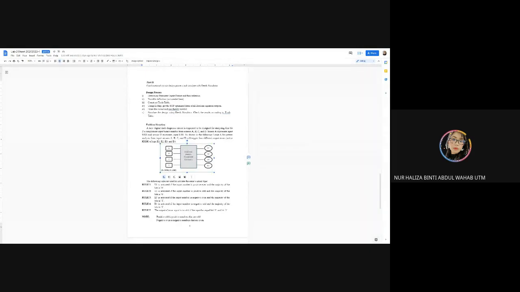You will just be given the statement. You need to know the current situation. Last time I gave you the COVID one, right? Because last year we were still in a COVID situation. So normally we give it in terms of the current situation, or maybe the flood, banjir, and so on. So please make sure you know the current situation, then you can relate it to the input and output.